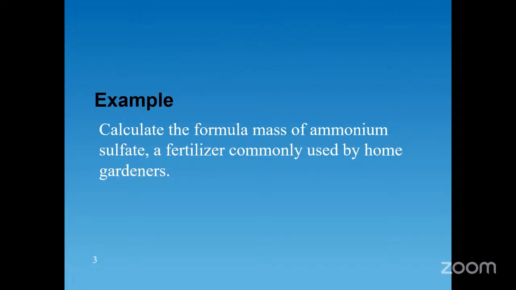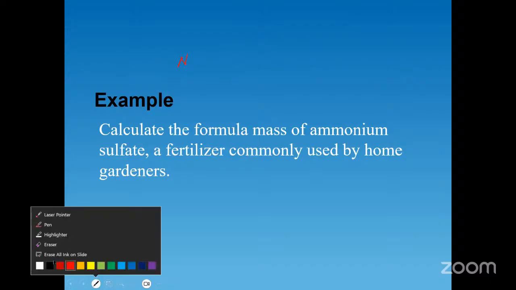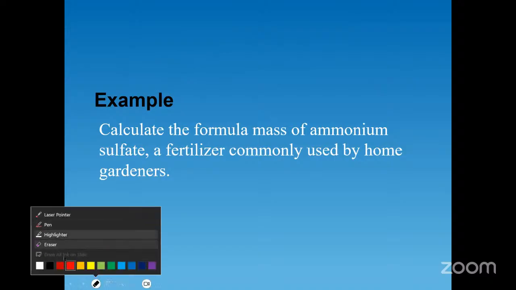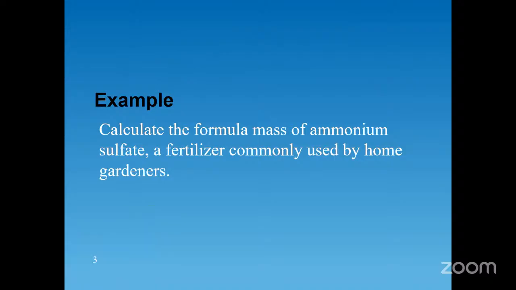So we'd have to find the charge of the ammonium ion. Exactly. So what's the formula for the ammonium ion? NH4 plus. And what's the formula for the sulfate ion? SO4 2 negative.